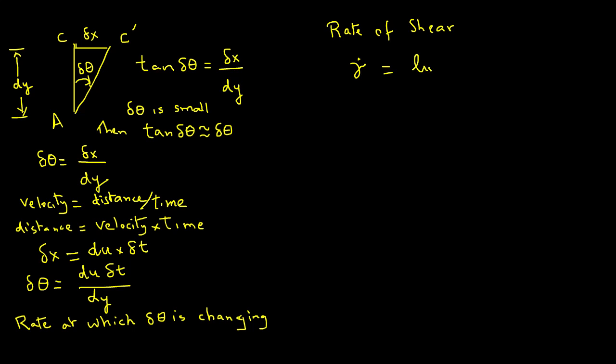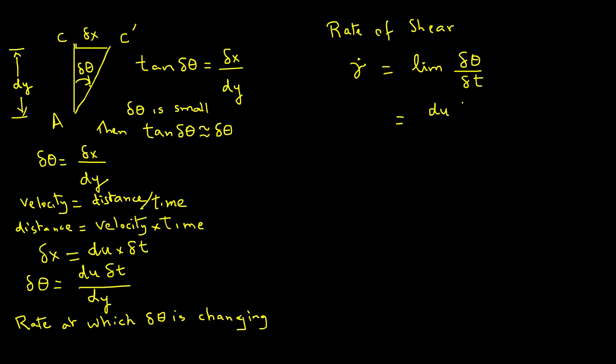Now delta theta, remember, was the deflection of that line from AC to AC dash, and we are saying that the deflection divided by the time it takes to deflect is the rate of shear. And again we put that dot because this term has time. So we can replace this delta theta with what we obtained earlier, which was du delta t over dy, divided by delta t.